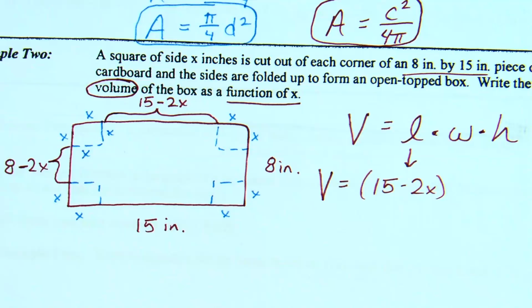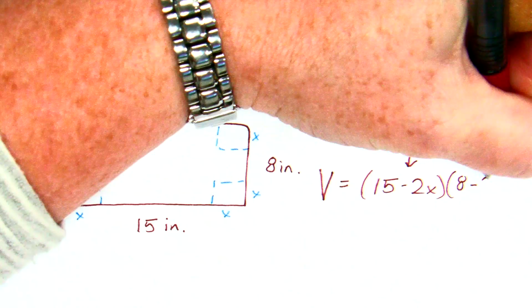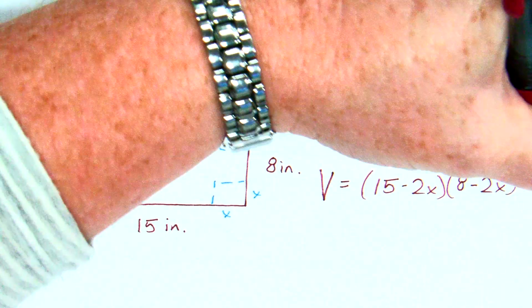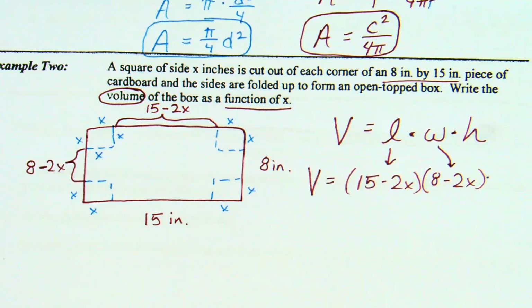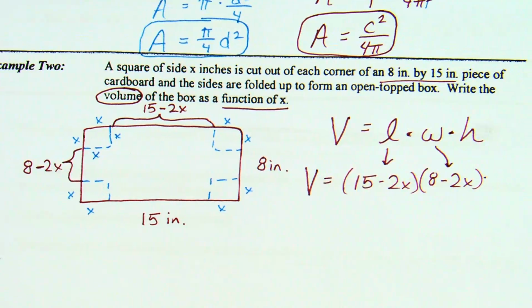What is the width of the box? 8 minus 2x. Okay. Are we okay with that? Now, the last question is what is the height of this box? And we do know it. It's there.